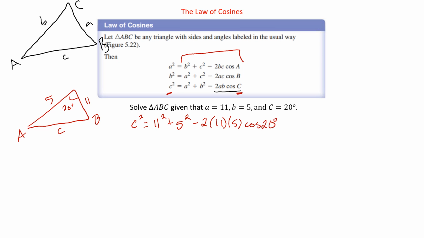Now, just like with law of sines, these aren't going to be our special right triangles. You're just going to use a calculator for that. So we want to make sure that we're in degree mode. Cosine of 20 is 0.939-ish. And then times 2 times 11 times 5 gives us about 103.36.